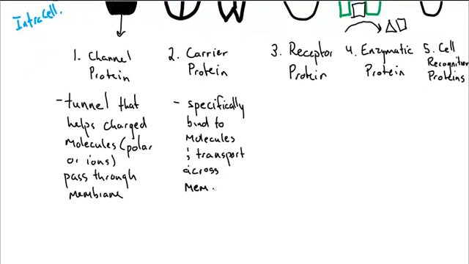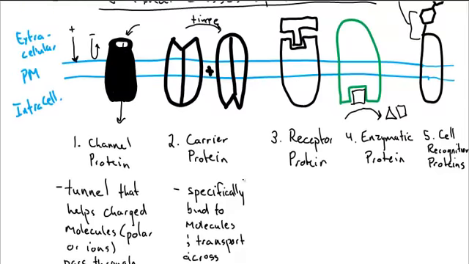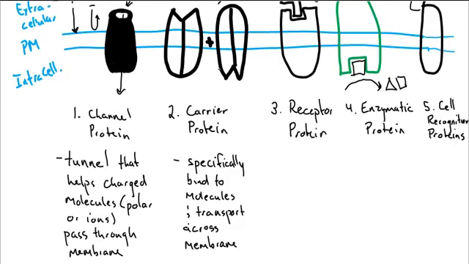Whereas the channel protein lets through any ion that's small enough to pass, the carrier protein is very choosy about who it carries. So this is like a tunnel: any vehicle can go through the tunnel. This is like a ferry, where if you're too big, you're not allowed on the ferry. You have to be the right size.